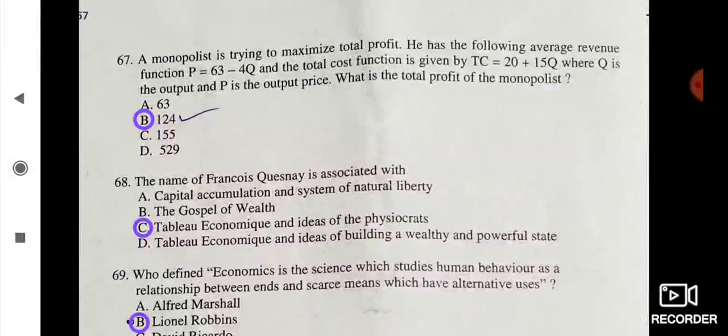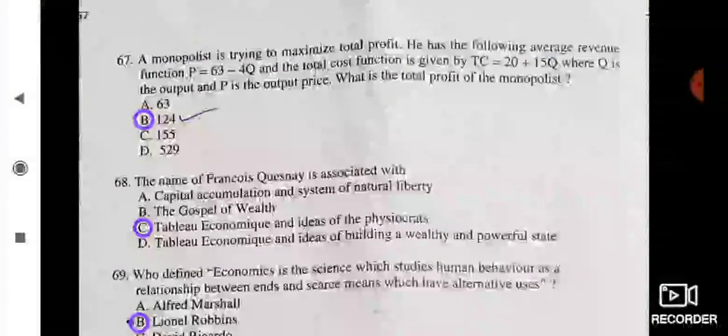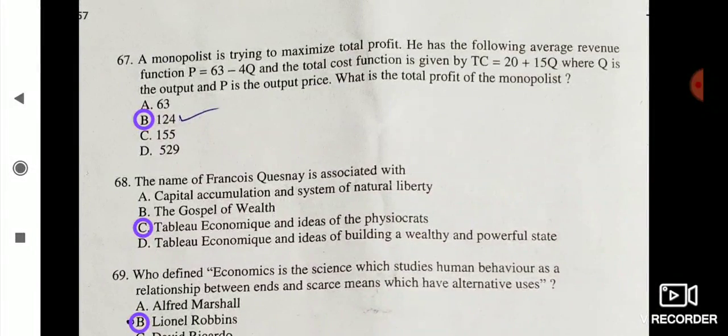So remember, the process is: first, from the given average revenue function, we calculate total revenue, that is average revenue into quantity. Then we find the profit function, which is equal to total revenue minus total cost. Then we take the first order derivative of the profit function and set it equal to 0.